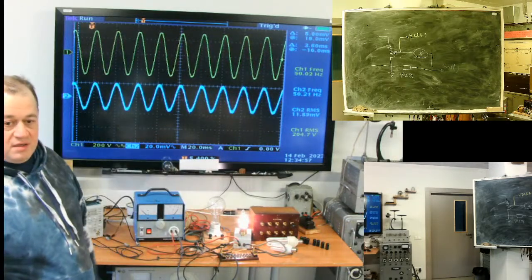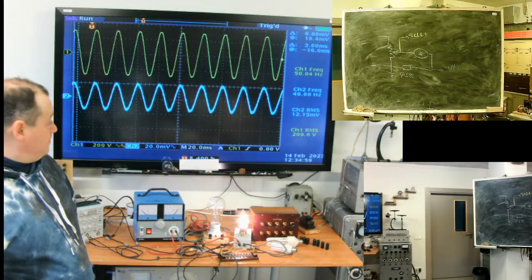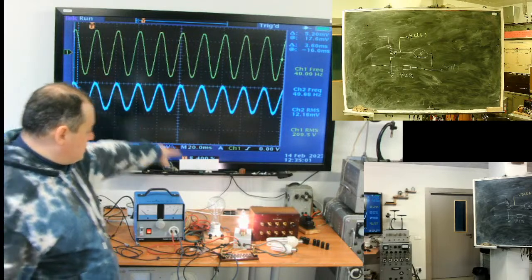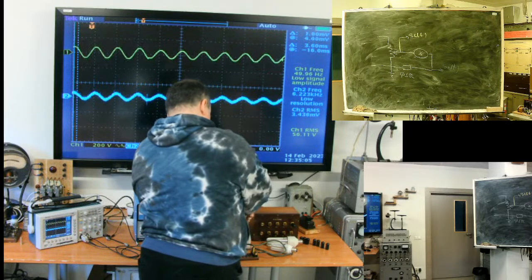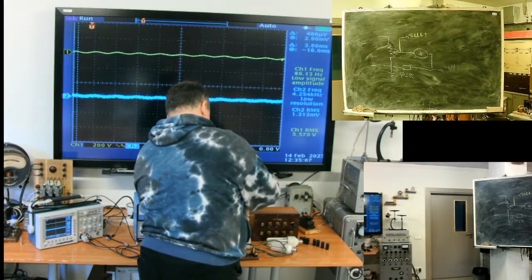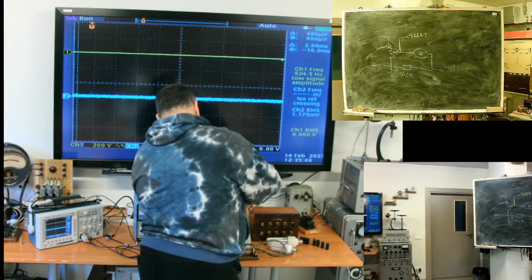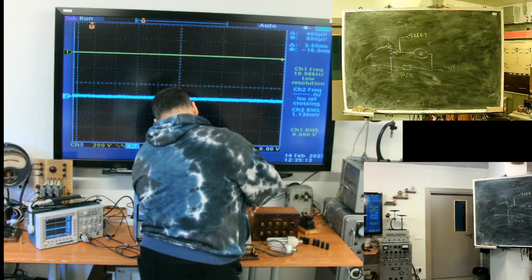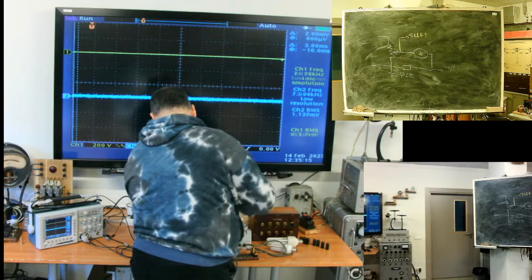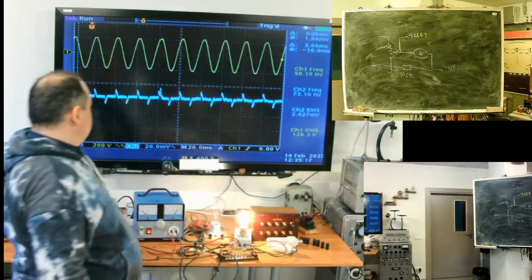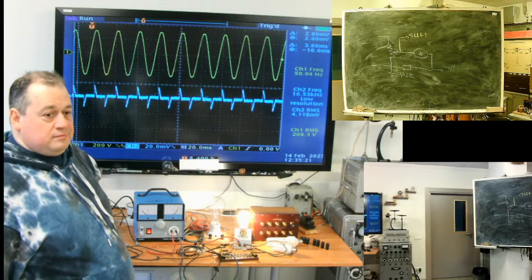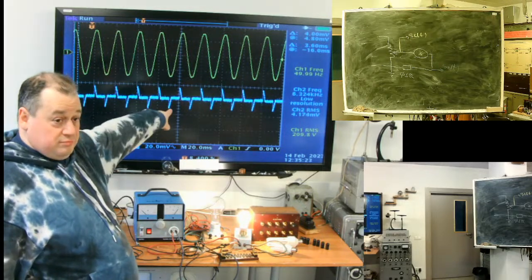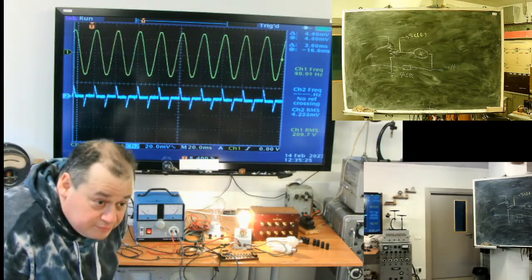current of the halogen. Blue line, current of the halogen one, I replace it with the LED. Here is current of the LED. Blue one. Is it harmonic?